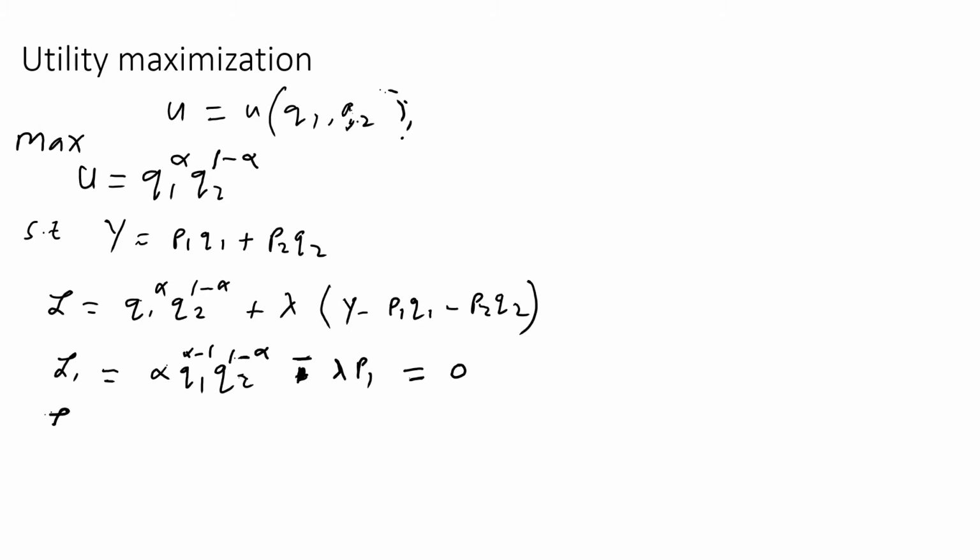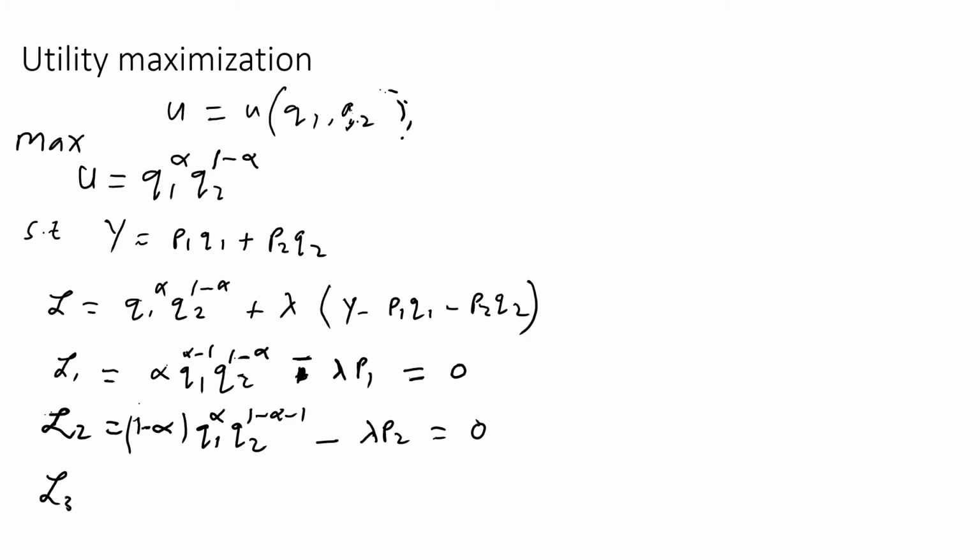Then the second first order condition, with respect to q2, is 1 minus alpha times q1^alpha q2^(1 minus alpha minus 1), minus lambda p2, equal to 0.